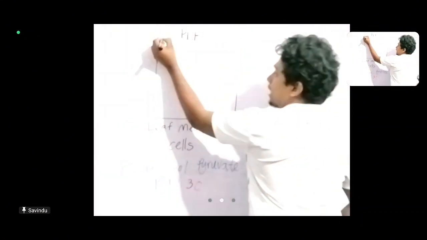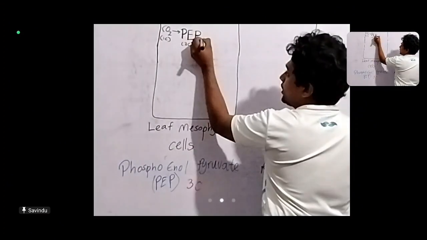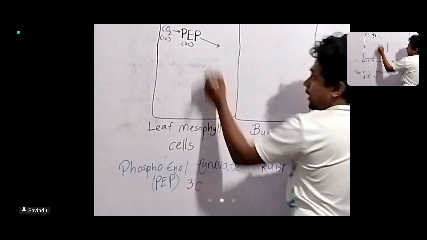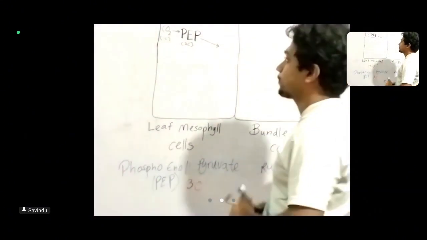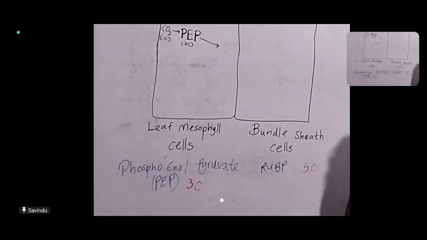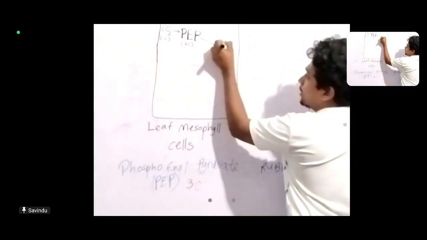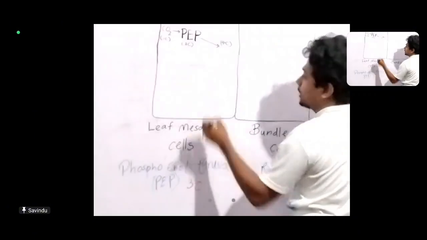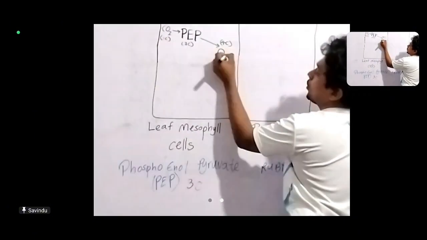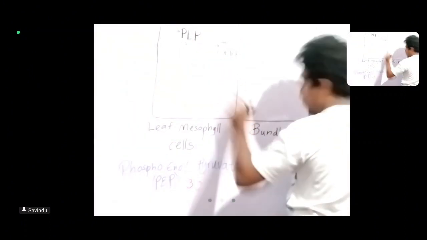And as this is 1 carbon and this is 3 carbon, it must make a 4-carbon molecule. This 4-carbon molecule is another new one, oxaloacetate.